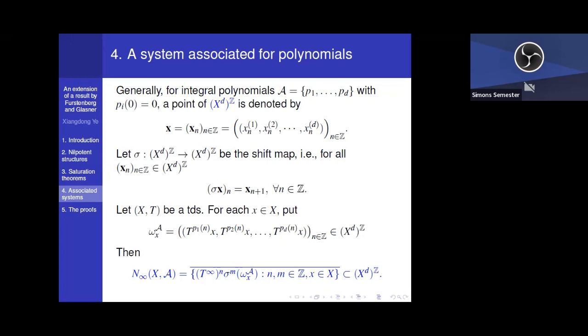Then for each x, you can associate a sequence from x to z. Then you define, like in the linear case, you have two transformations, and you get the orbit closure.